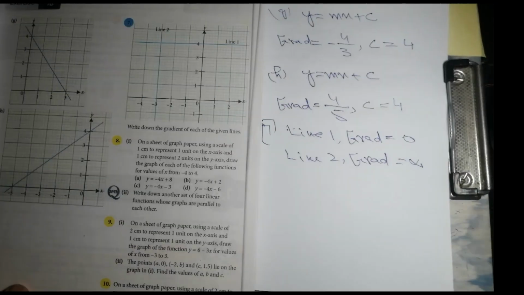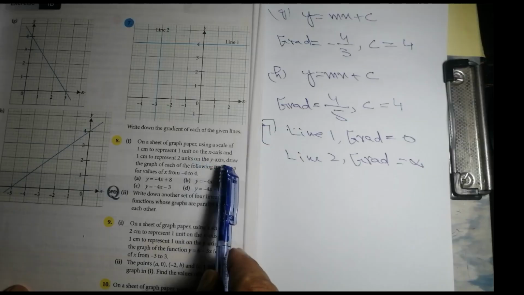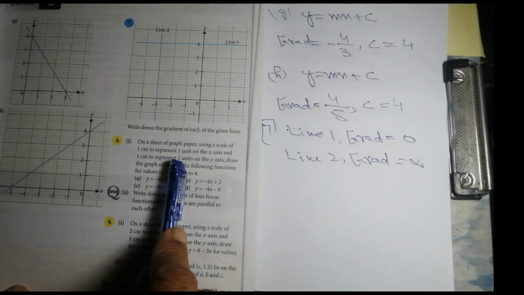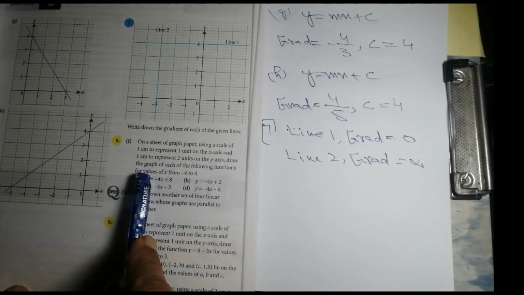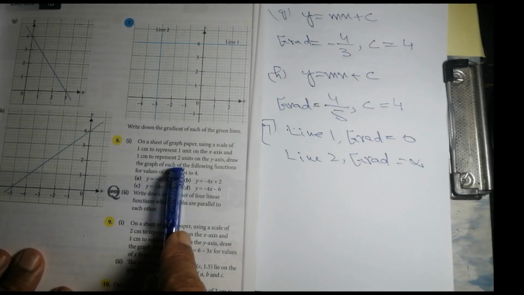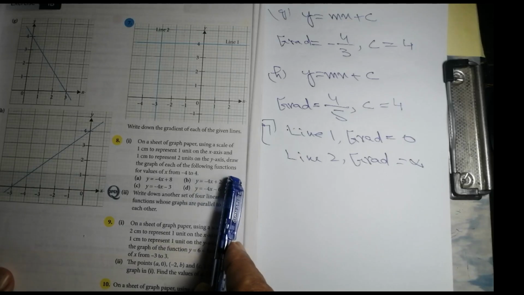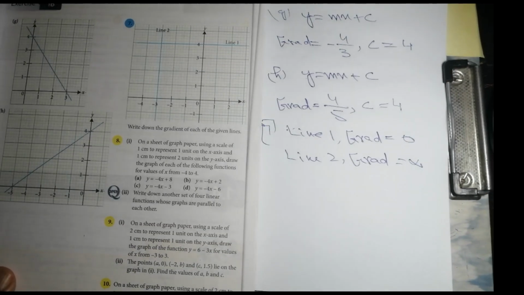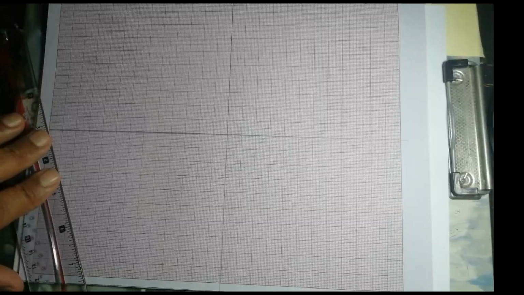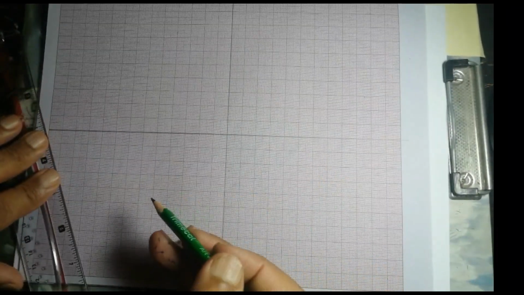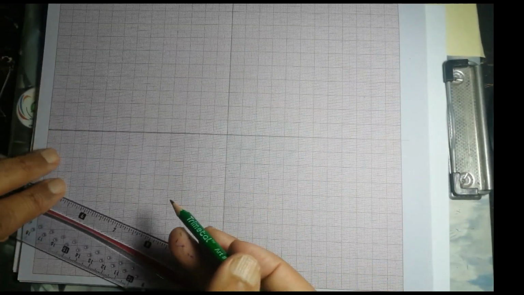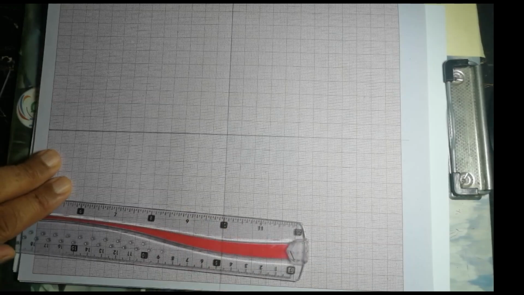Now question number 6: on a sheet of graph paper, using a scale of 1 centimeter to represent 1 unit on the x-axis and 1 centimeter to represent 2 units on the y-axis, draw the graph of each of the following functions. So I draw two perpendicular lines, the Cartesian coordinate plane system.